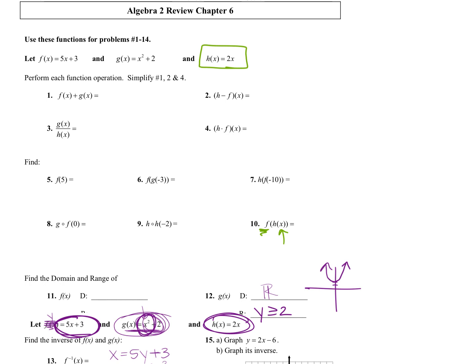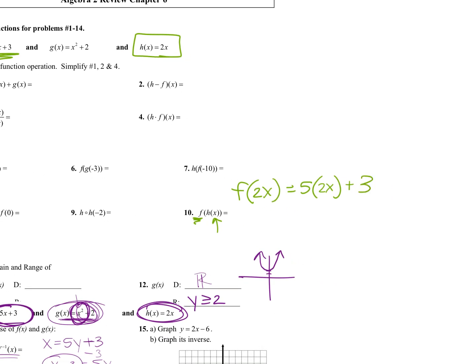But there's no solving to do, okay? So if h of x is 2x, then I say f of that 2x will equal, and it's 5x plus 3. So it's 5 times 2x plus 3. That means 10x plus 3 is f of h of x.